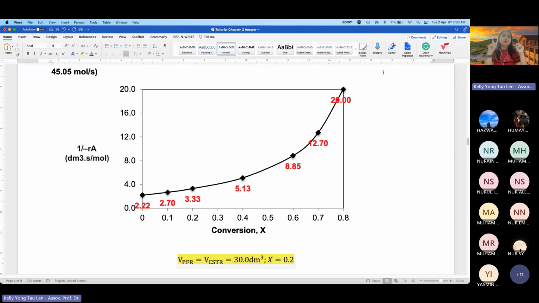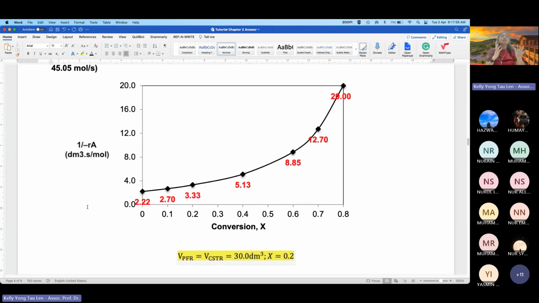So you can correlate that I have three variables: I know the volume, I know the X, I do not know FA naught, but all three variables are in one equation. So it's very likely the equation you choose is correct, because you have the unknown and the known variables in one equation.